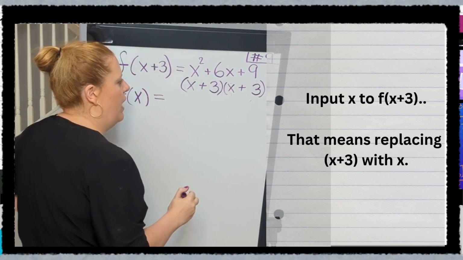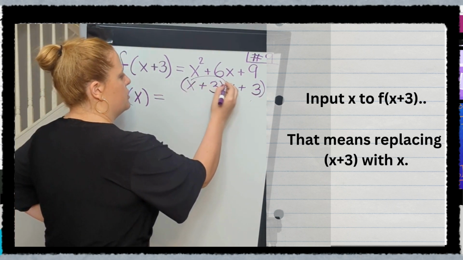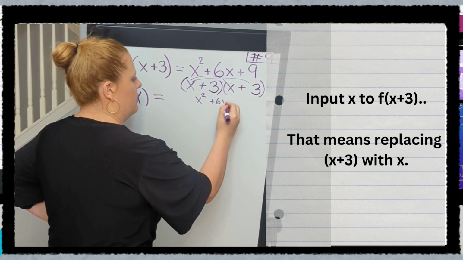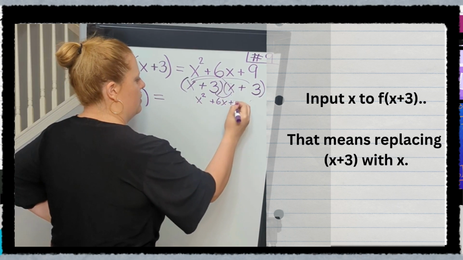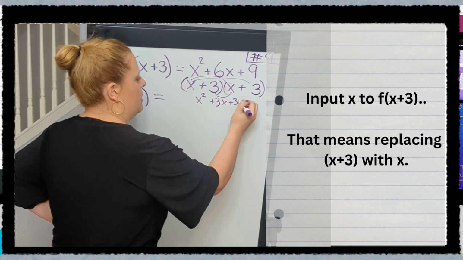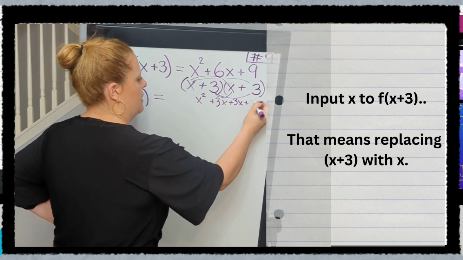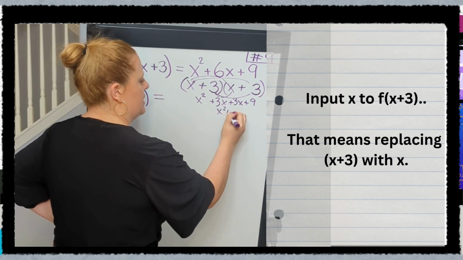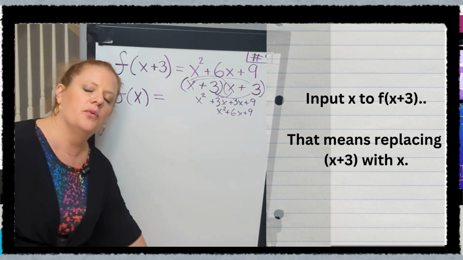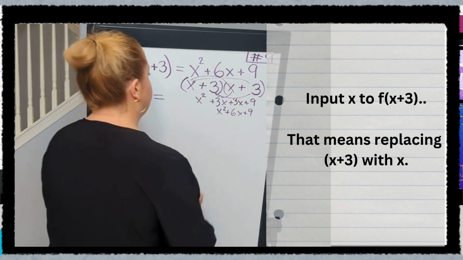But to put that another way, our first terms give us x squared, outer, inner, outer, inner, and last. Putting that together, we end up where we started. So hopefully that jogged a memory.